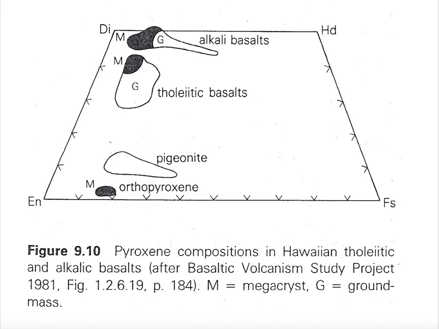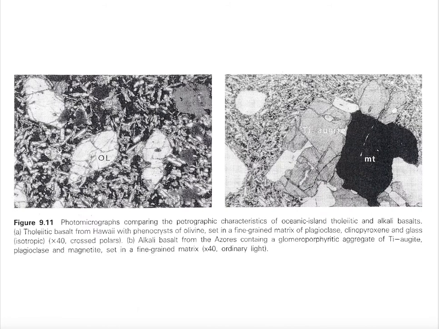In the groundmass, we also have pigeonite, and the pigeonite is a high-temperature calcium-bearing orthopyroxene, and we have a normal megacryst of orthopyroxene inside.